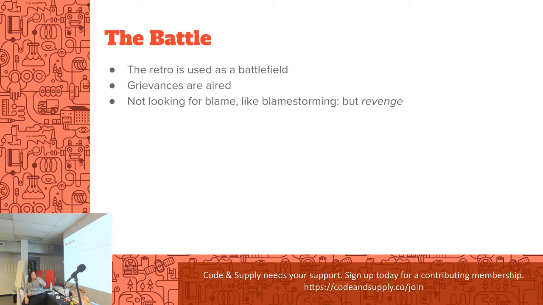Another one, and it's similar to blamestorming, there's times where people come to the retrospective not to improve, not even to figure out who to blame, but for revenge. And this is one I actually once was kind of guilty of. I used to be the source control manager. I ran the source control server and the automated build server, doing all of our CI stuff.